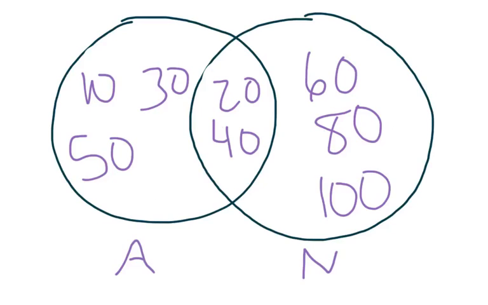We got these numbers from the previous set listed. The middle of the Venn diagram is what A and N have in common. You then add them to set L, which would be 5, 10, 15, 20, 25, 40.